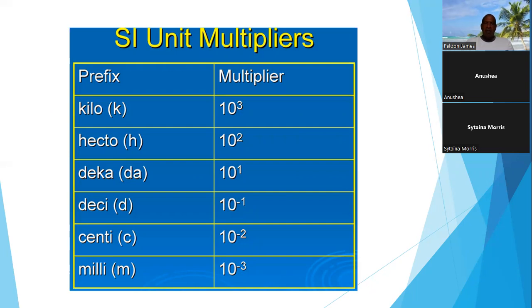So when we talk about deci, all right, let us go way down from the smallest one. When we talk about milli, we are saying that that's 10 to the minus 3 power. Now, remember when you were asking me just now, Miss Morris, if it would be negative, so this 10 to the minus 3 is the same as 1 over 10 to the third power.